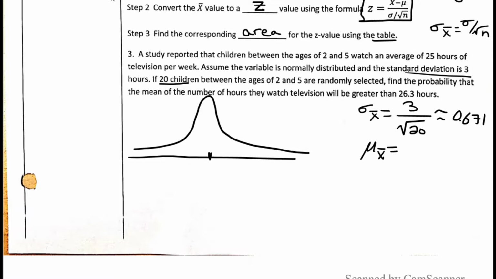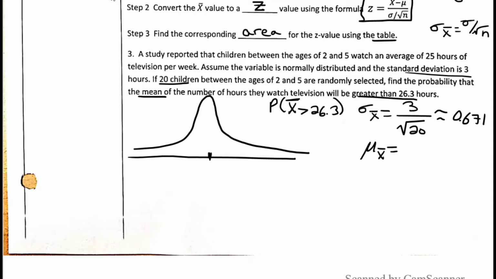Well, because they're finding the probability that the mean is greater than 26.3. So they are looking for the probability that the mean, which is x bar, is greater than 26.3. They're not looking for the probability that the number of hours is greater. They're looking for the probability that the mean of the number of hours. So therefore, this is the distribution of sample means, x bar. We're graphing x bar, not x.